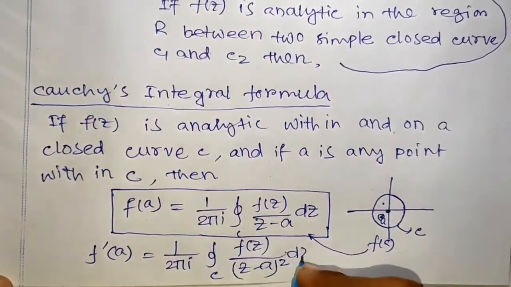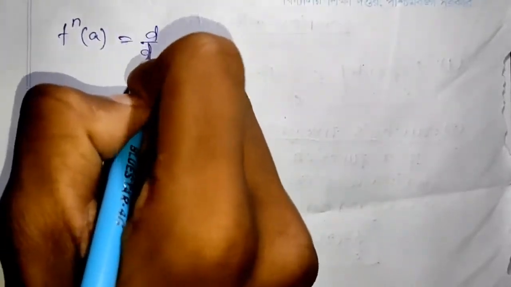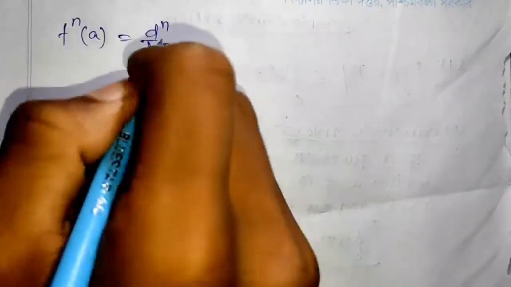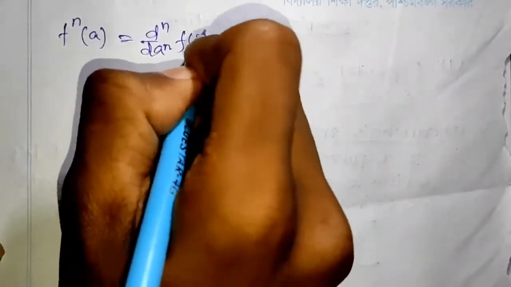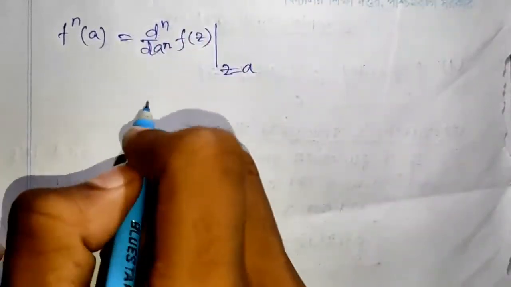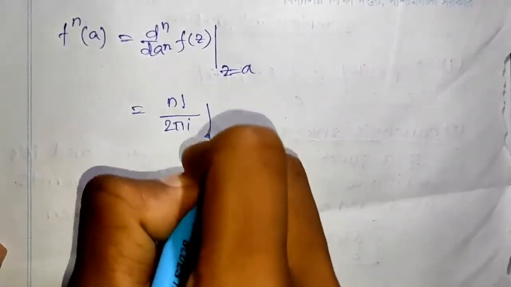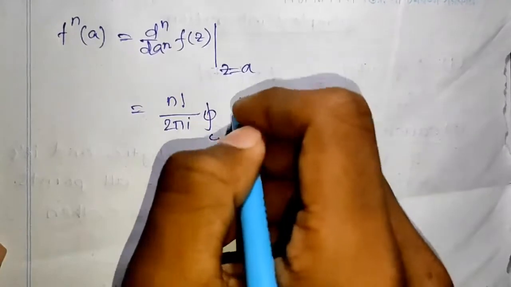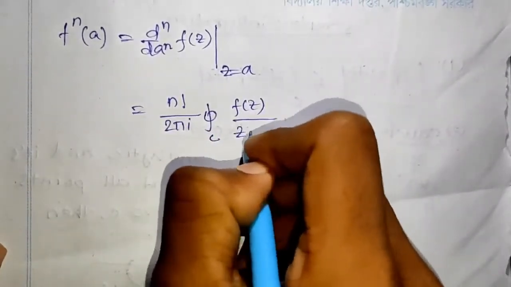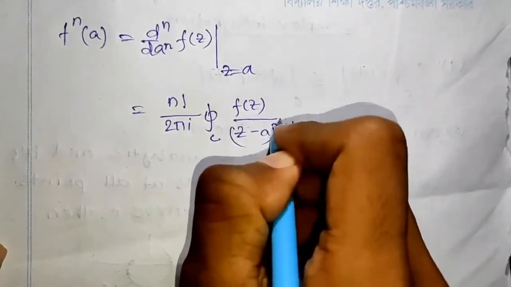Similarly, if we want to obtain the nth order derivative of f(z) at this point a, then the formula will be the nth order derivative, d^n by dz^n of f(z) at z equals a, equals n factorial by 2 pi i, closed curve integration along C of f(z) by (z minus a) whole to the power n plus 1 dz.